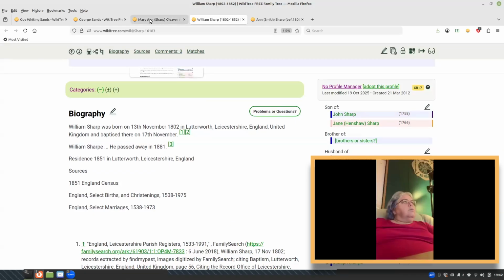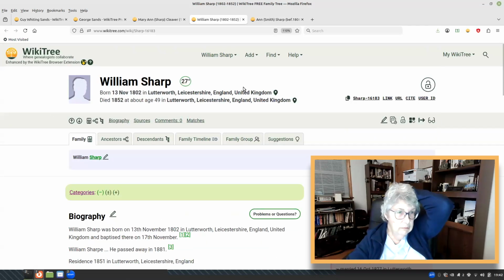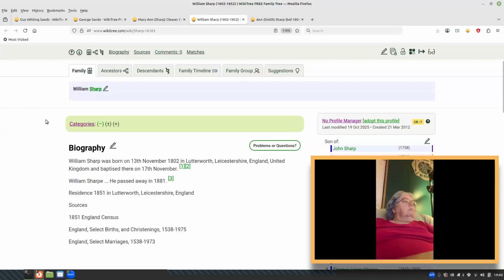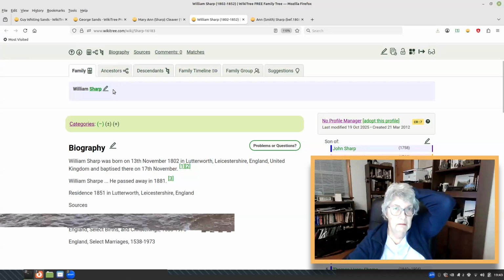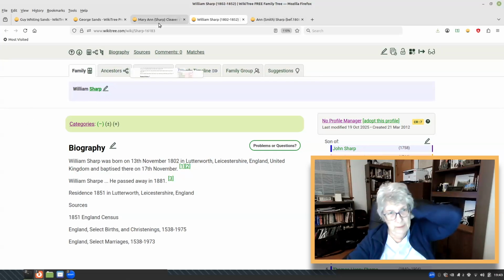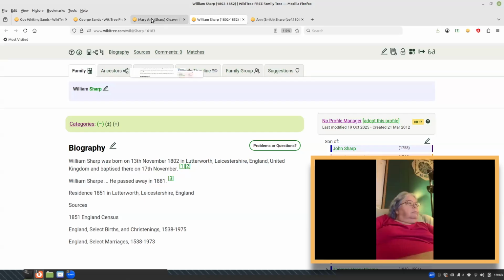Is there a marriage record on Anne's profile? Yeah, William Sharp, 1827, Lutterworth. Born 1802, so in 1827 he'd be 25 years old, living in the same town. Reasonable. That all fits. So I would say confident that Anne and William are Mary Ann's parents. Agreed. I could go with that.